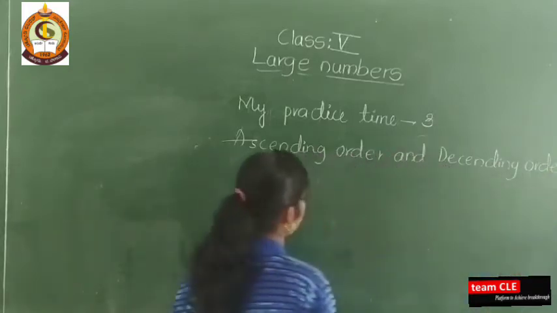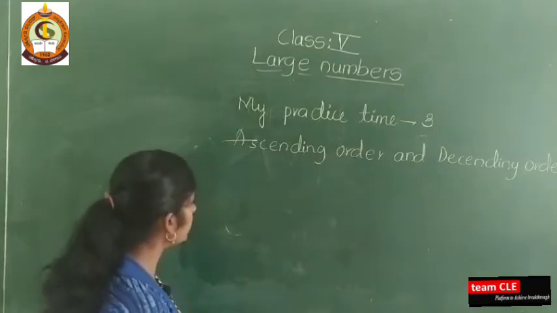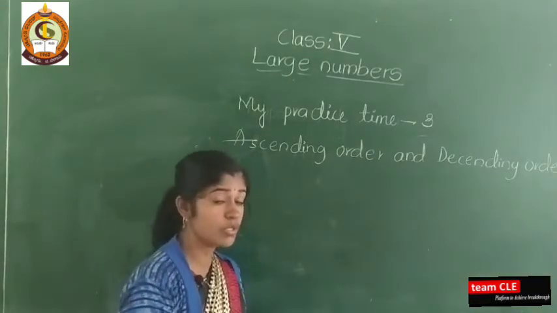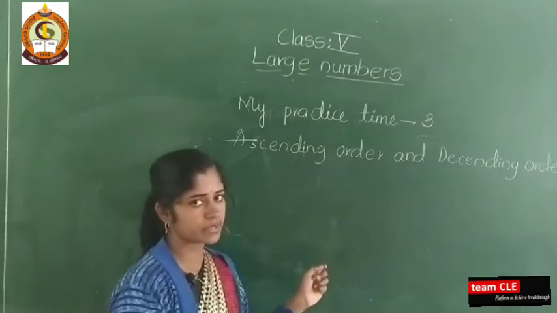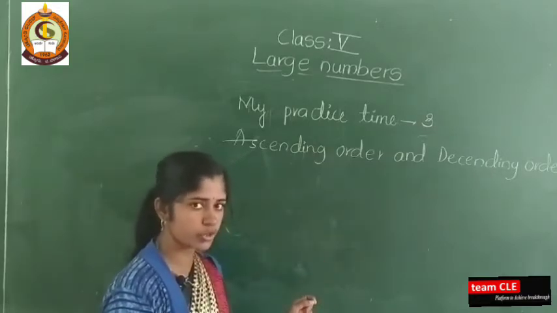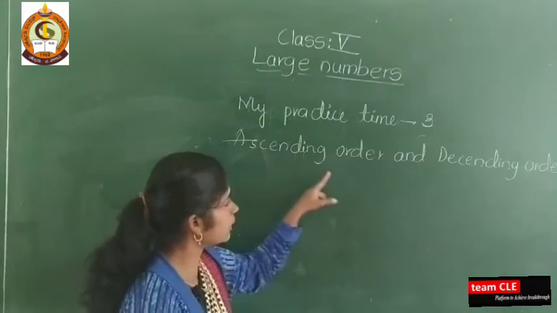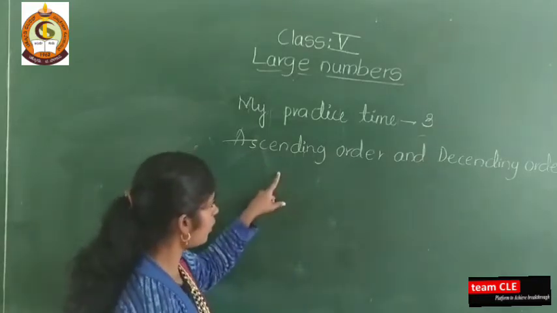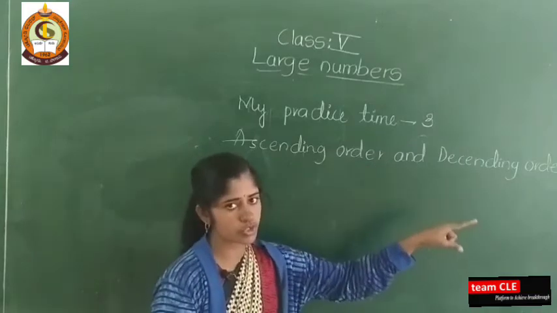What is ascending order? Ascending order means arranging the numbers from smallest to biggest. Descending order means arranging from biggest to smallest.